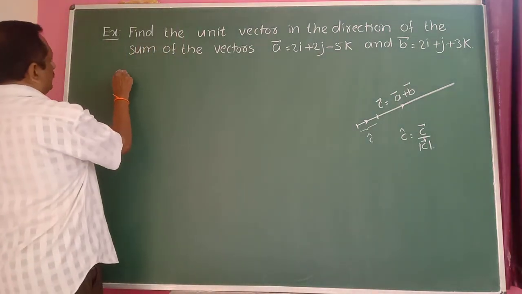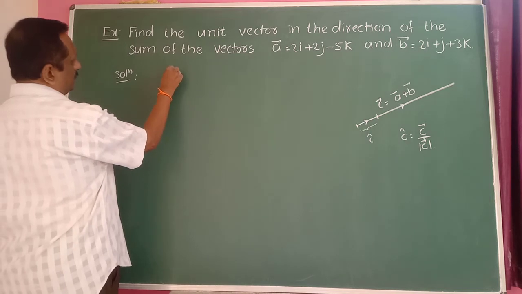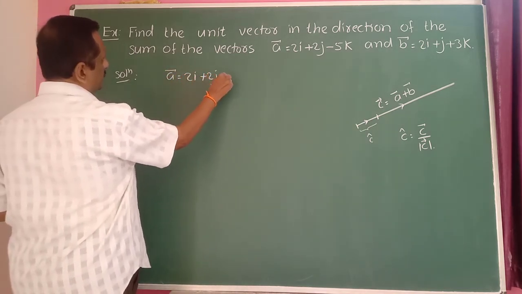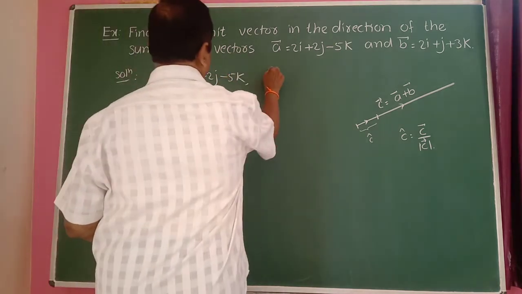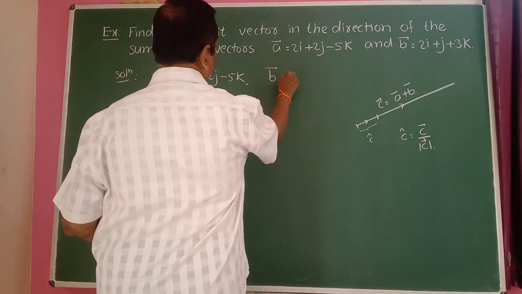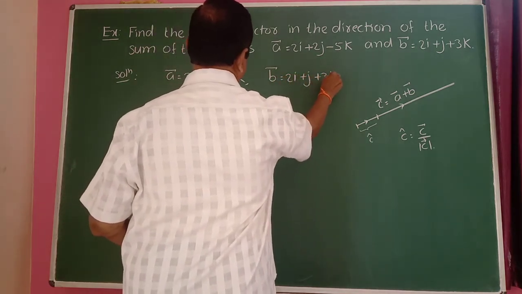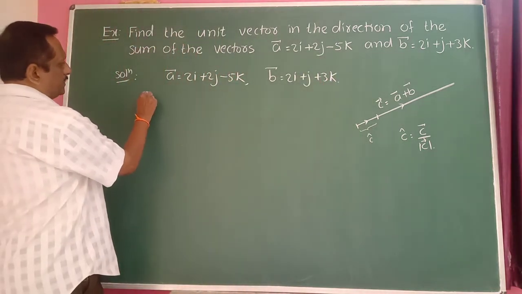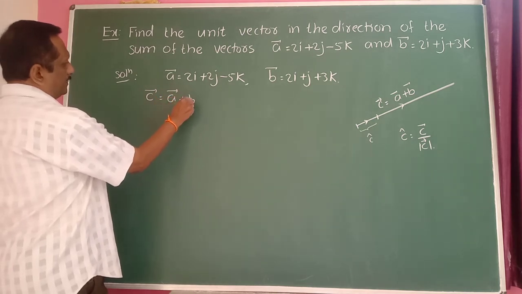Take your solution. So A bar is 2i plus 2j minus 5k, and the vector B bar is equal to 2i plus j plus 3k. So let us consider the vector C bar, the sum of the vectors A bar and B bar.